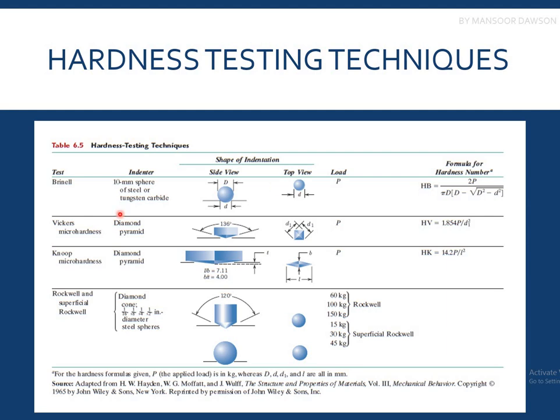The hardness values will be in HB for the Brinell test, HV for Vickers, HK for Knoop, and HRA, HRB, and HRC for Rockwell tests.